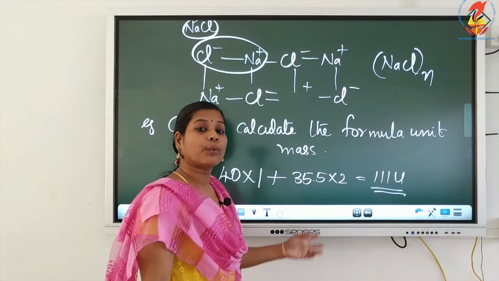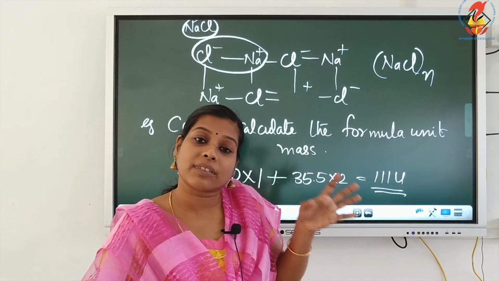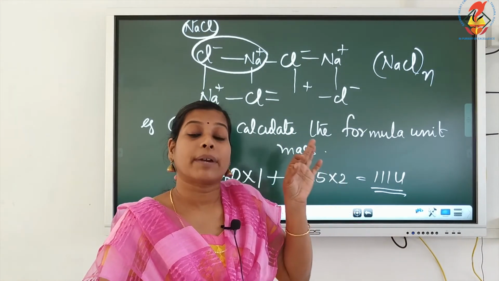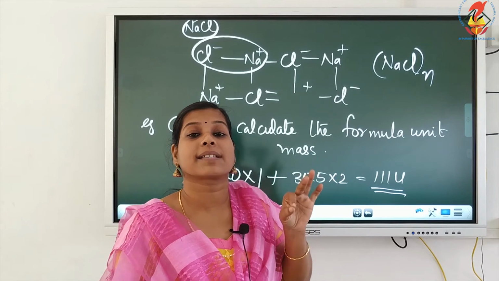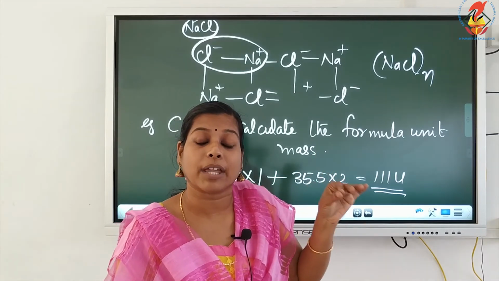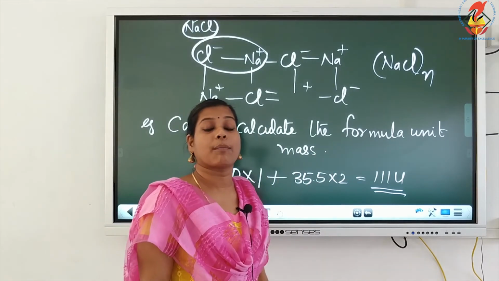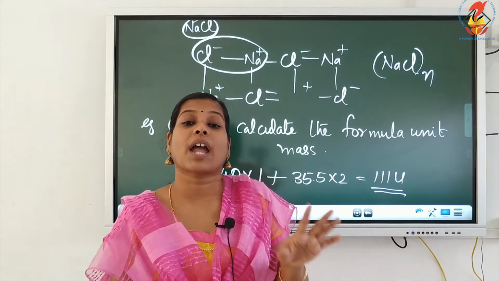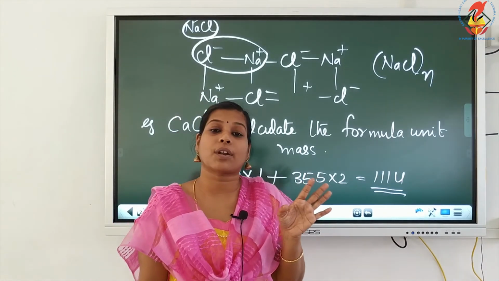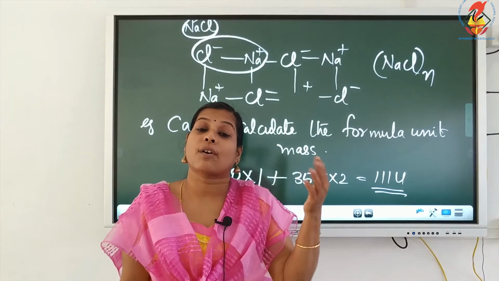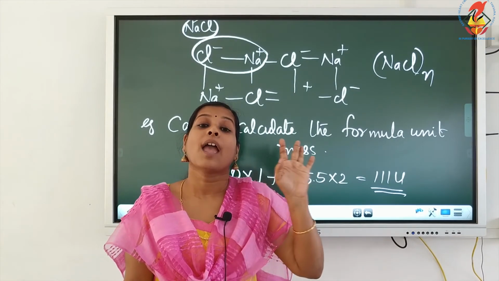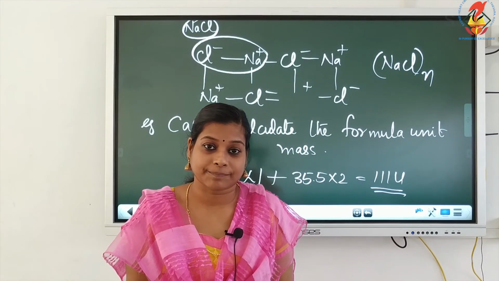The unit and calculation are the same as molecular mass, but instead of the term molecular mass we use a new term, formula unit mass, and it is only for ionic compounds. For water we will not say formula unit mass, it is only molecular mass of water.